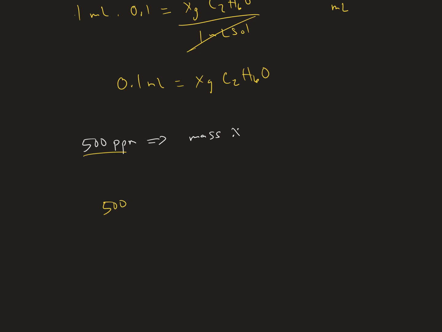Well, in fact, here, let's just do it this way. What does 500 parts per million mean? 500 grams of solute per 1 milliliter of solution. You with me? Okay. That's what that means. Not 1 milliliter, sorry. 1 million milliliters of solution.